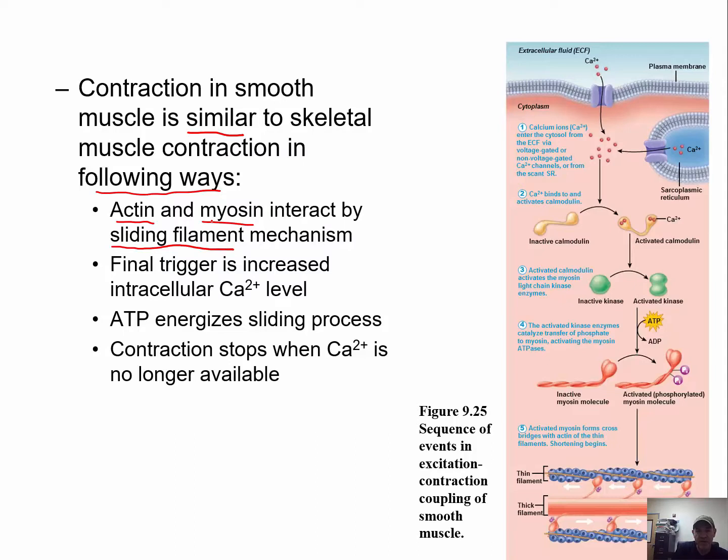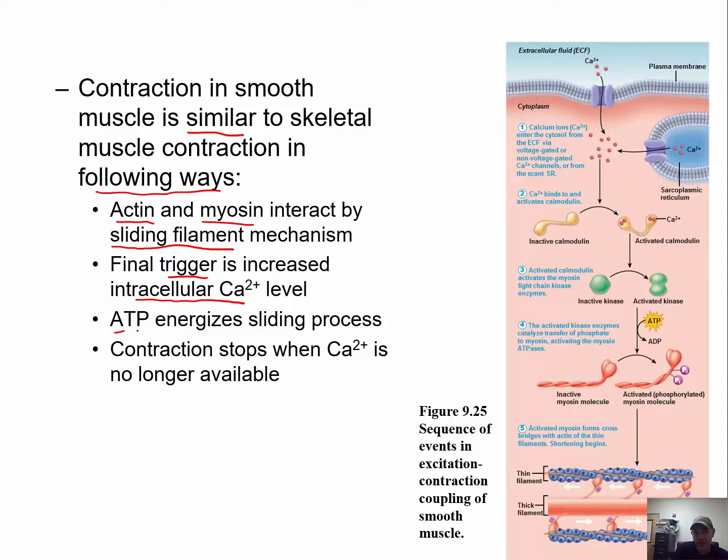So the same types of proteins are involved in contraction, the same contractile proteins. We also see that the final trigger for causing the contraction is the increase in intracellular calcium levels. So we have to let calcium in to flood the area where the myofilaments are.